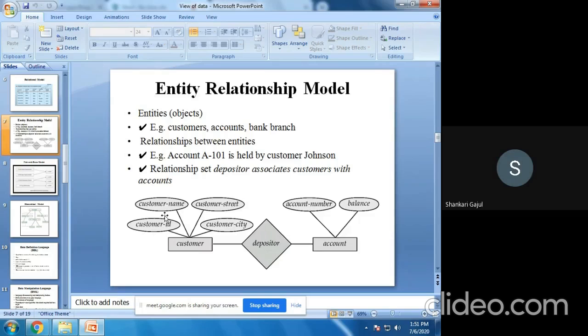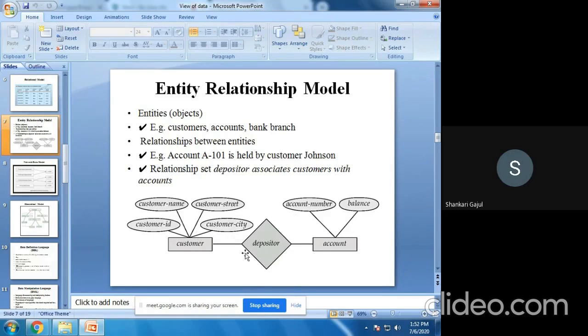These two customers, ABC and XYZ, we call two objects or entities. The entity relationship model is the collection of the basic objects and the relationship between these objects.